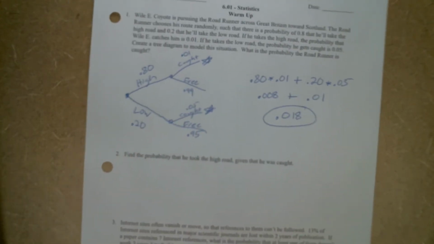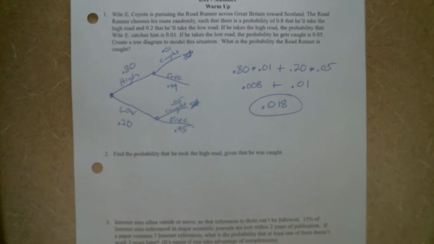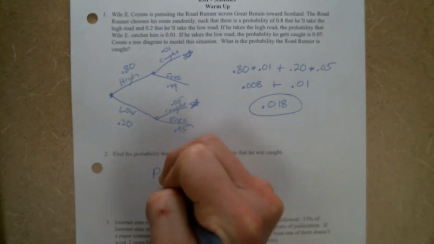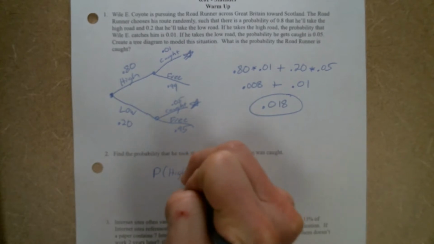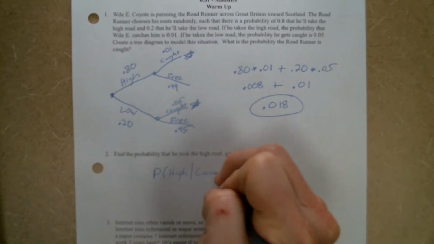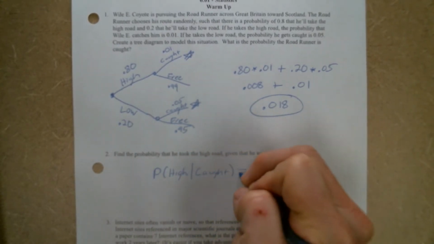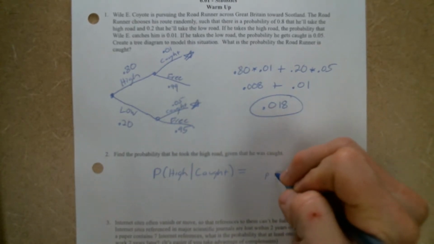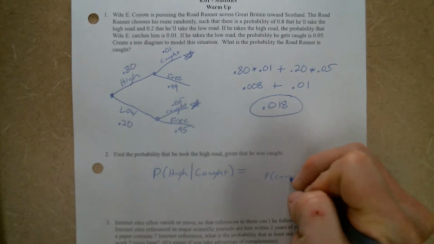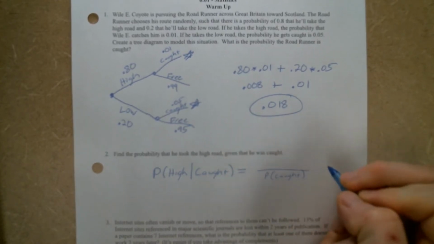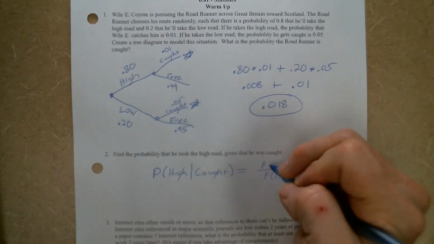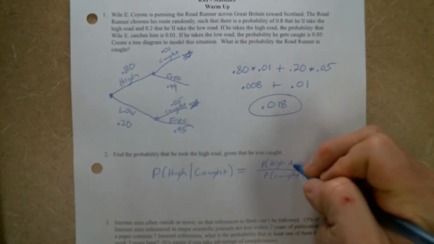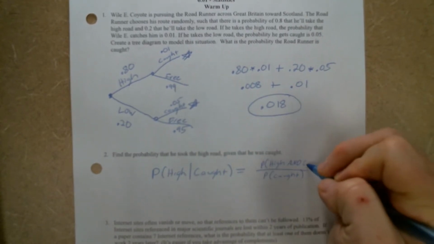Now, number 2 says find the probability that he took the high road given he was caught. So the probability of high given being caught. Using the conditional probability formula, we know this is the probability of going high and being caught over the probability of being caught, because the given becomes the bottom of our fraction.